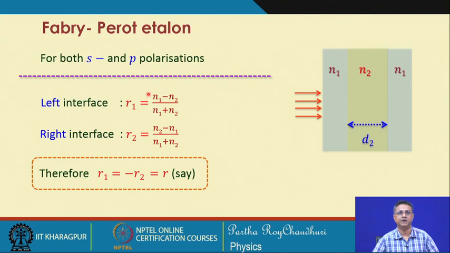Now, whether it is P or S polarized light, from the left interface, the reflection coefficient is R1 will be this.